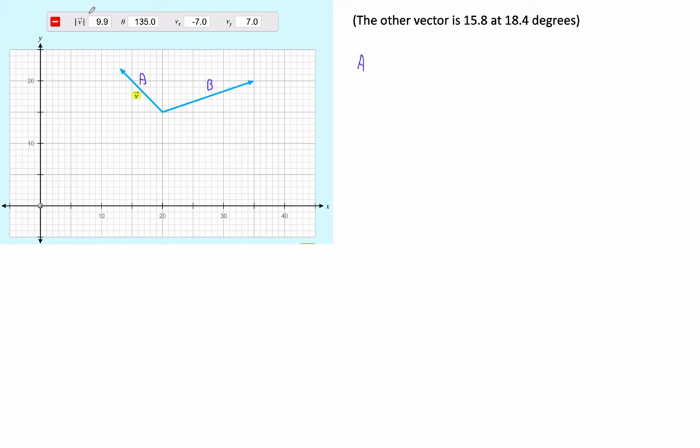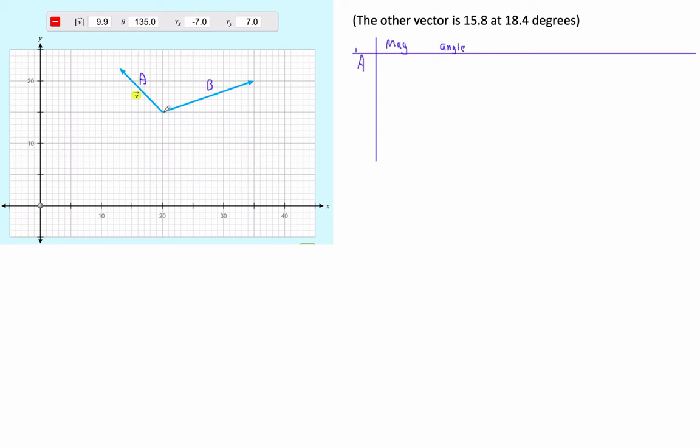Okay, A is displayed right here. You can see that I've clicked on that vector, and it tells us that its magnitude is, let's see, let's make a nice table here. Okay, A, its magnitude, and then the angle. I know that this angle is 135.